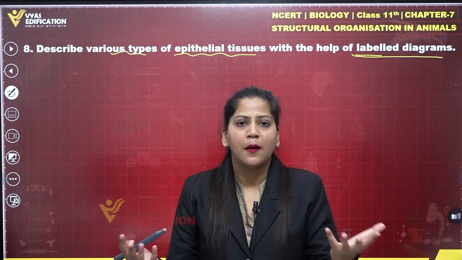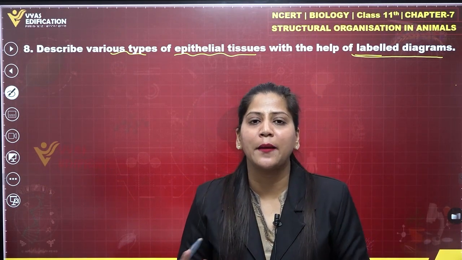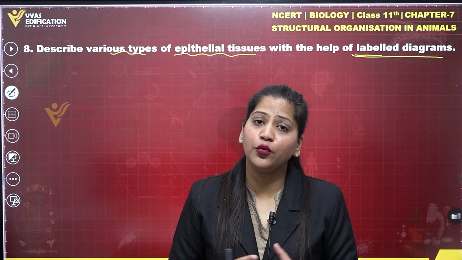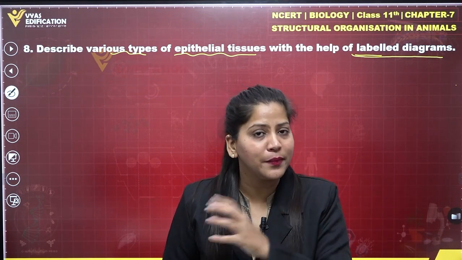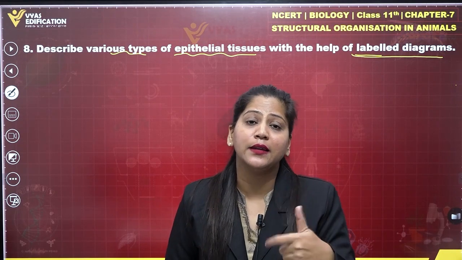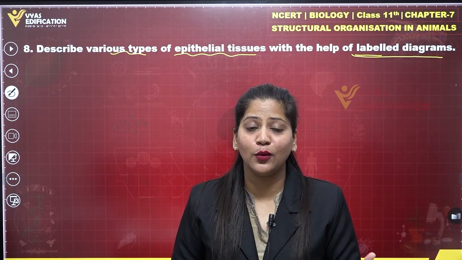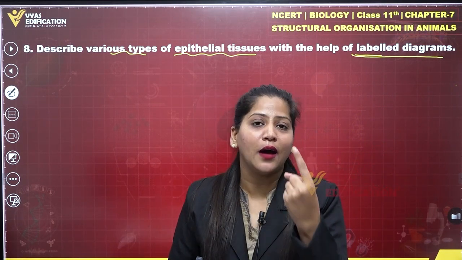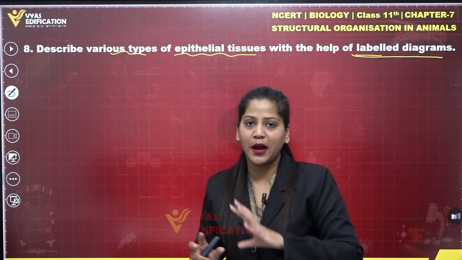They may bear microvilli on their free surfaces. Now where do you find this simple columnar epithelium? You will find it in the inner linings of the stomach and intestine, where absorption and secretion take place. As we know, the primary function of simple epithelium is absorption and secretion, right? So this is columnar epithelium.